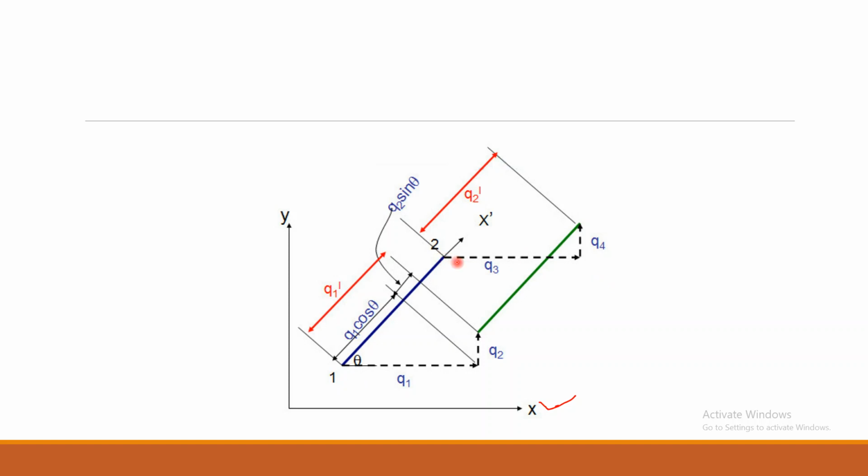Similarly, for node 2, deflection in x direction and deflection in y direction are named Q3 and Q4. Okay, so this is for your understanding purpose. So Q1, Q2, Q3, Q4 is nothing but displacement of the nodes in x and y directions. Okay, so that you should remember.